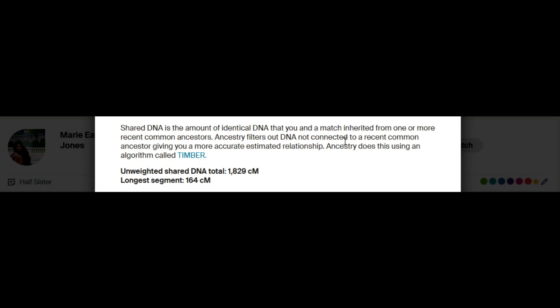Ancestry filters out DNA not connected to a recent common ancestor, giving you a more accurate estimated relation. Ancestry does this using an algorithm called Timber. You can read up about Timber. Some people like it, some people hate it, some people love it or are okay with it. Unweighted shared DNA total 1,829 cM, longest segment 164.